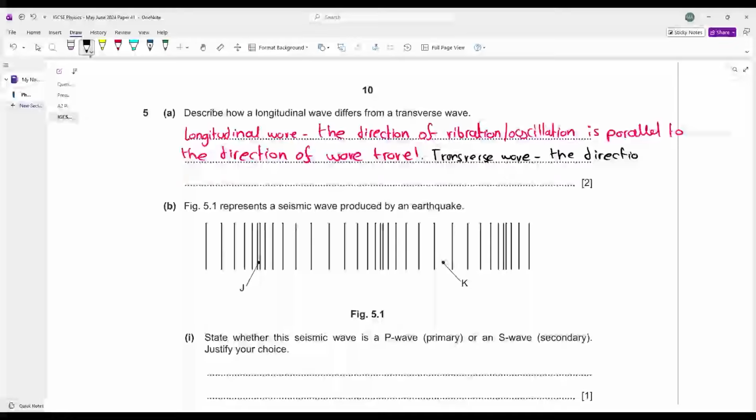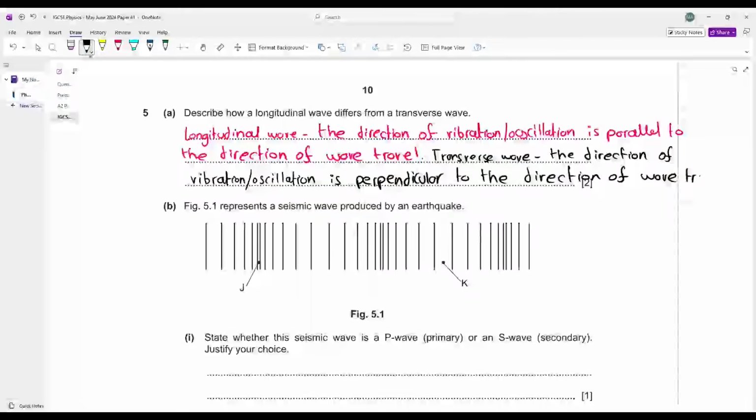The direction of vibration या फिर oscillation is perpendicular to the direction of wave travel. Simple as that.